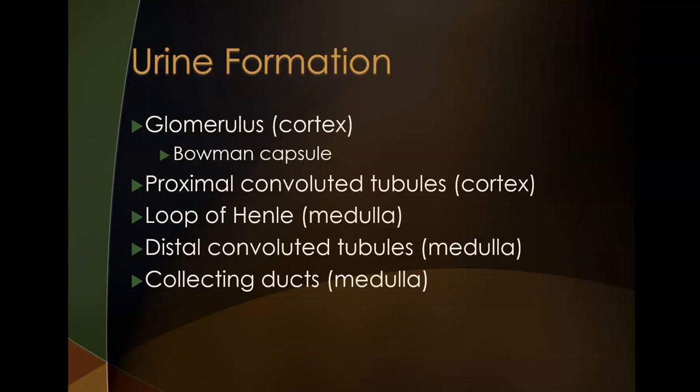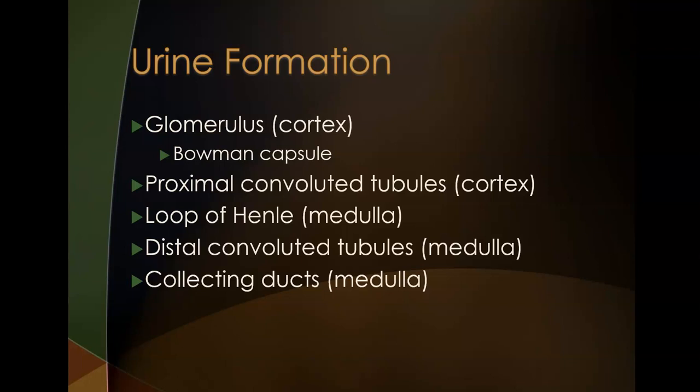That filtrate then is going to travel through a system of tubules, starting with the proximal convoluted tubule. It's proximal because it's the closest to the glomerulus. Then it goes down the loop of Henle, also known as the nephron loop. It goes down and then back up, and then it goes through the distal convoluted tubule. It's distal because it is further away from the glomerulus in the path.